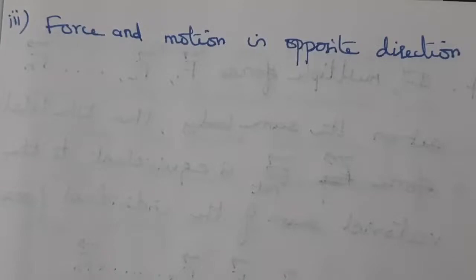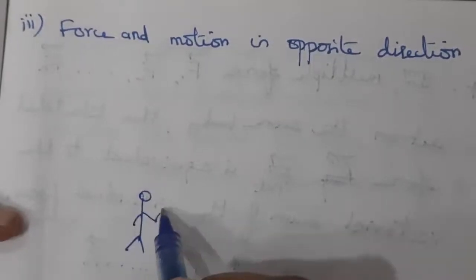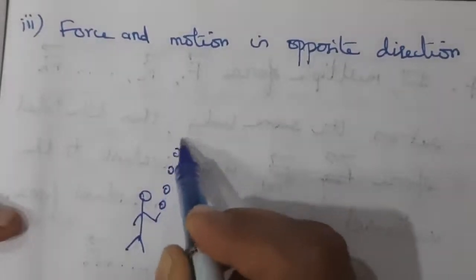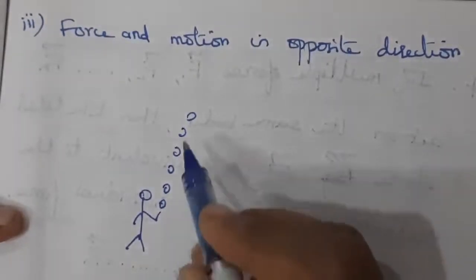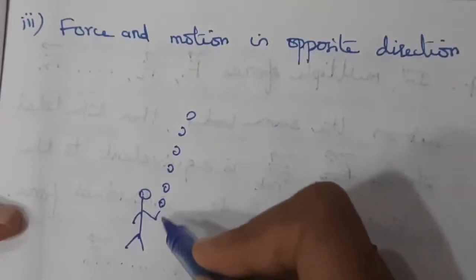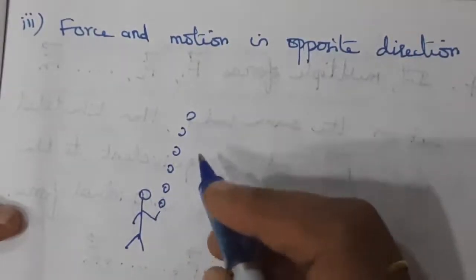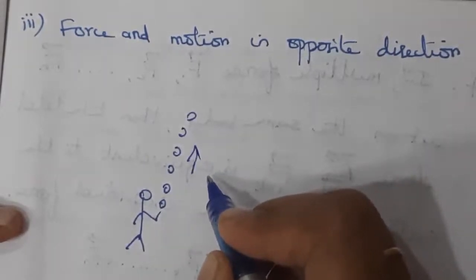The next case is force and motion in opposite directions. When a man throws a ball, if an object is thrown vertically upwards, the direction of the motion is upward, isn't it? This is the direction of the motion of the object.